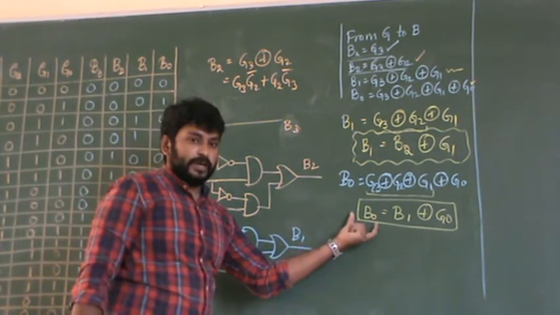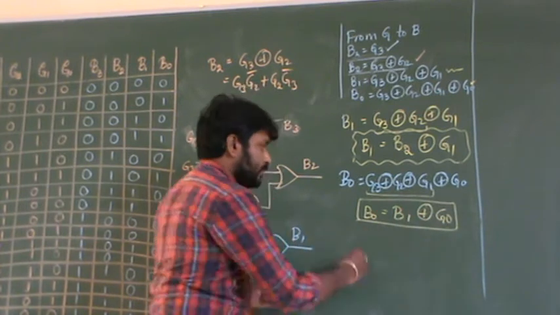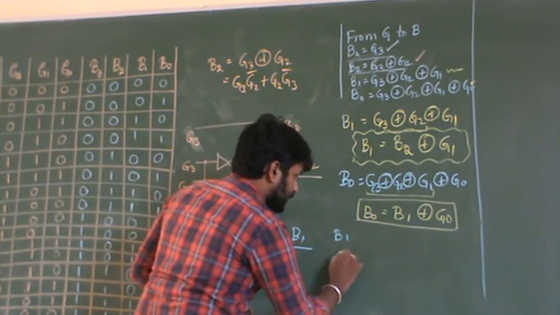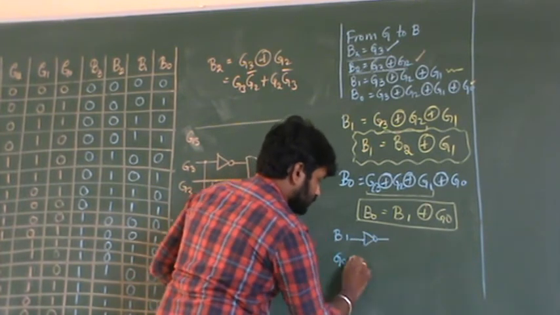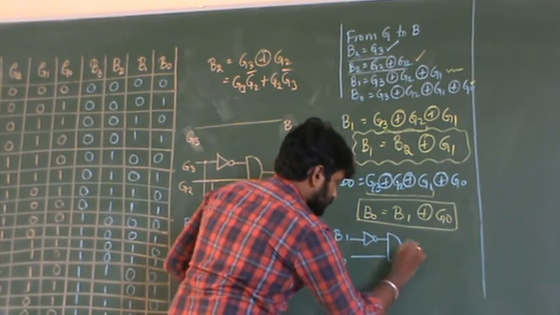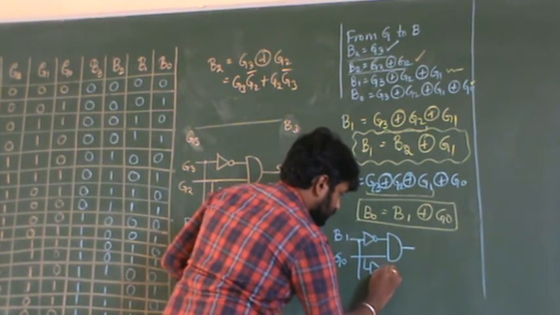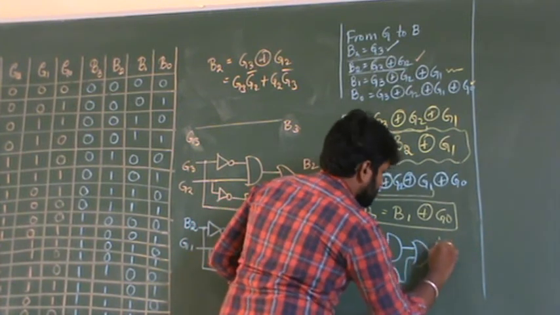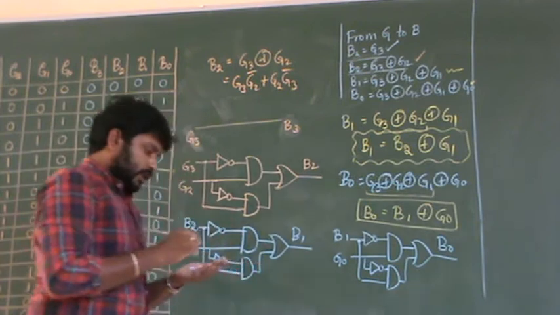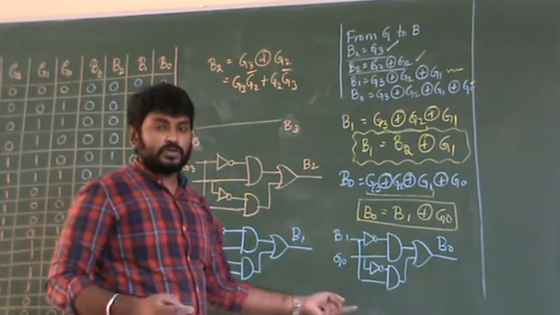Let me write down for B0. B0 is equal to B1 and G0, XOR of both. This is B0.